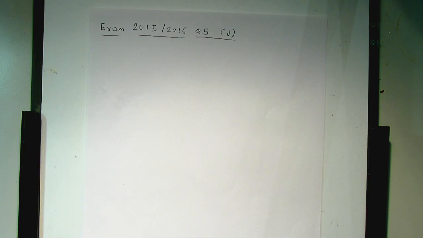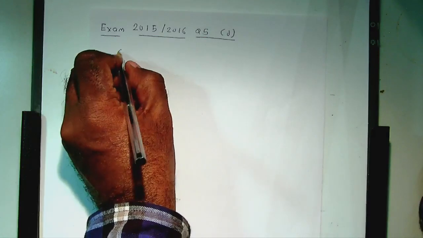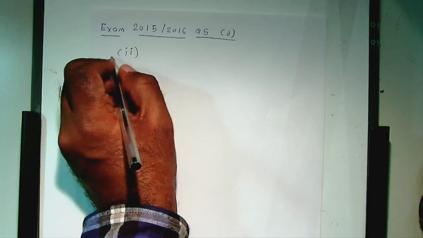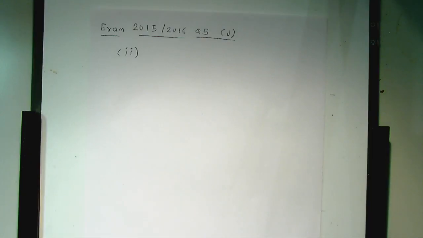So let's consider 2, right? There are 2 cases. You need to consider this one and then this one, but I would do just the second one. Let you do the first one.